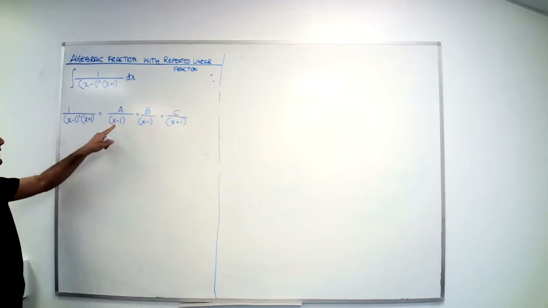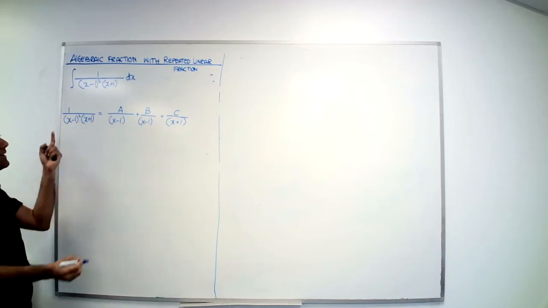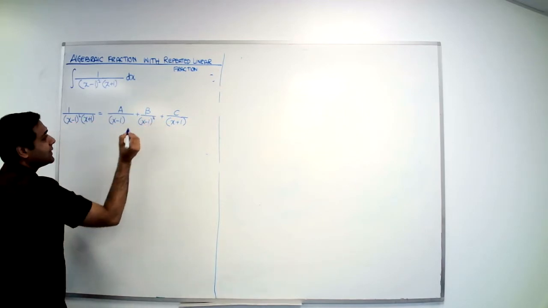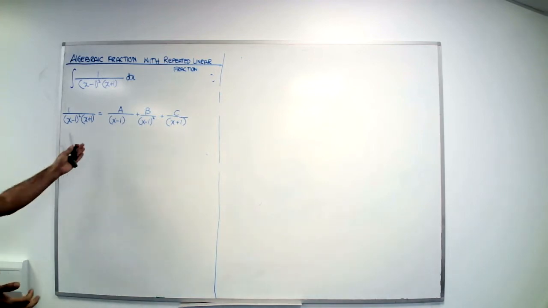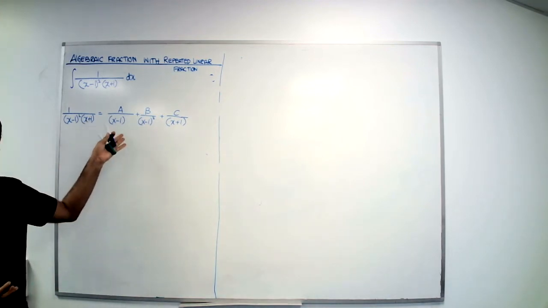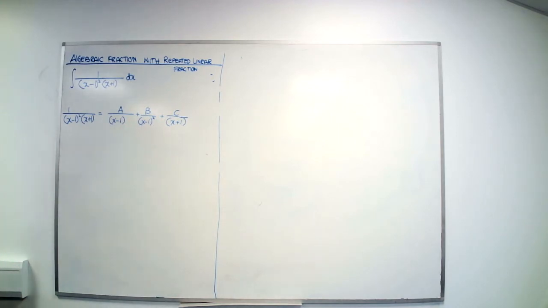Now, the second x minus 1 we take as x minus 1 squared. This is the important bit to know. We need to find the values of A, B and C. How do we find them? With three variables, it becomes a little more complicated. Let's have a look.